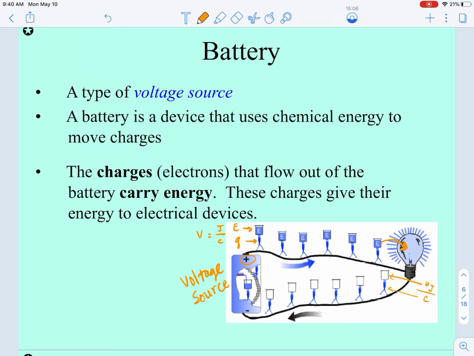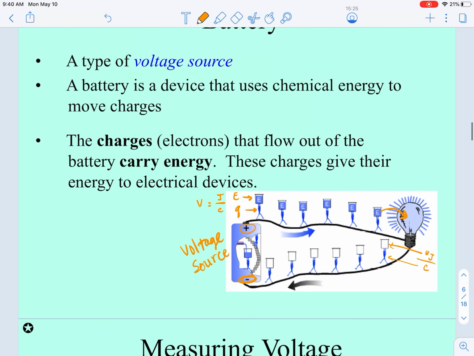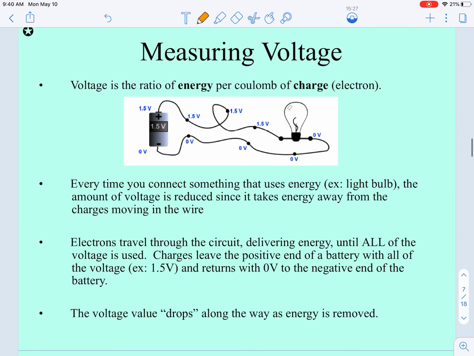And so when we have our electrons come back to this low voltage source, or what we identify as the negative end of our battery, you can see that the ratio of joules per coulomb is definitely less. In this case, it has 0 joules left. So we would have no volts left when we come back to that battery source.